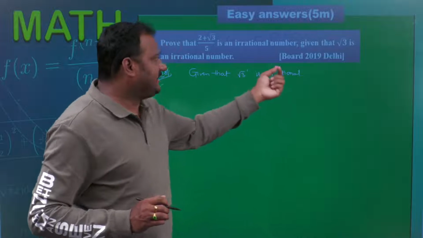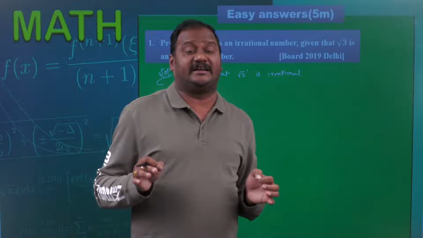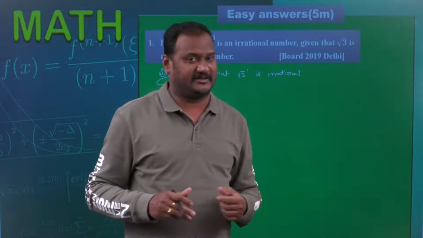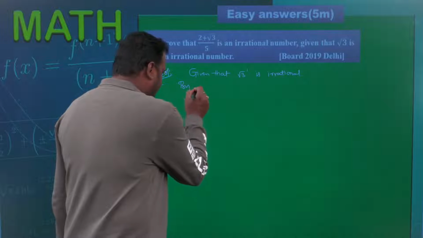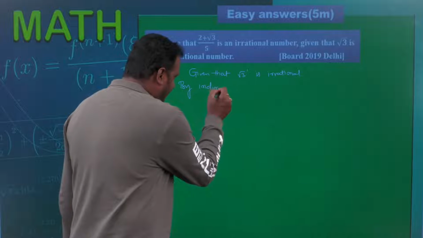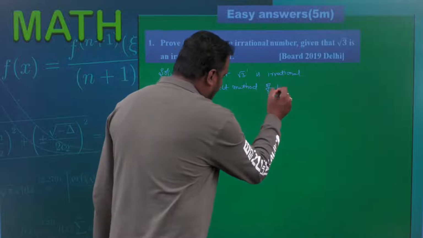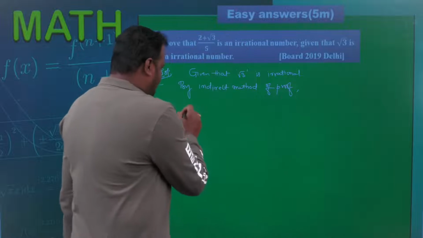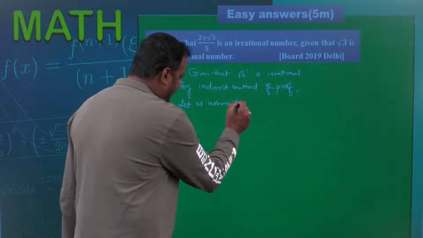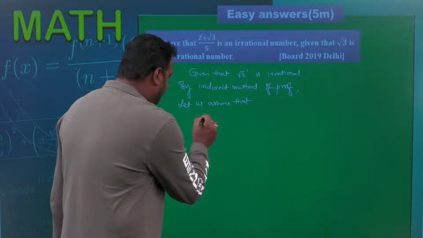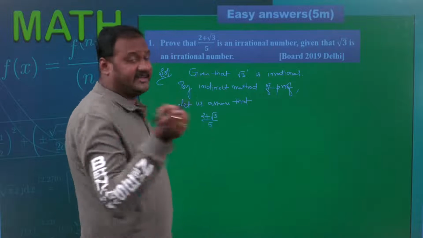In order to prove that root 3 or this kind of numbers are irrational numbers, the easiest and most useful method is the indirect method of proof. So let us start with this indirect method of proof. By indirect method of proof, let us assume that the number, 2 plus root 3 divided by 5, is not an irrational number.